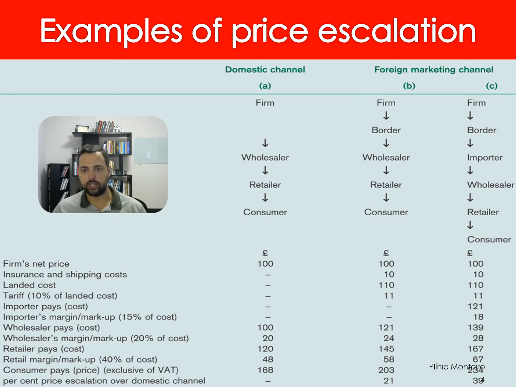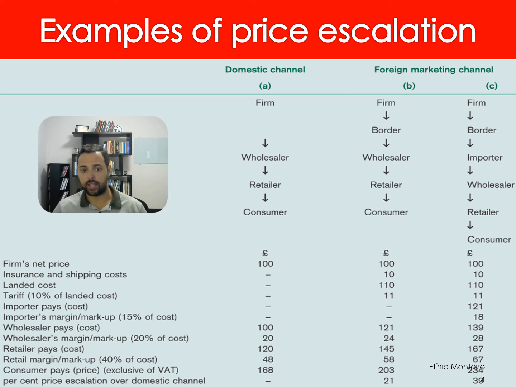So let's compare this with the foreign market channel. We can have two options for delivering the product in a foreign market. In option B, we have a firm sending to the border, then to the wholesaler, to the retailer, and to the customer. In that case, you have a firm net price of 100, and then you have 10 of insurance, so the landed cost will be 110, and you need to pay 10% of tariffs to export the product to a given market.